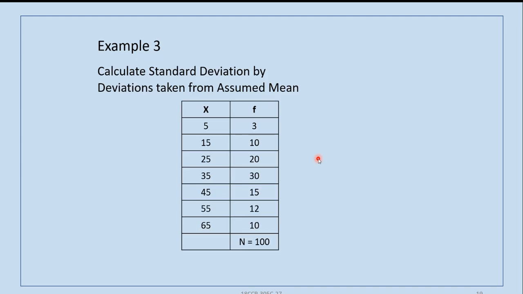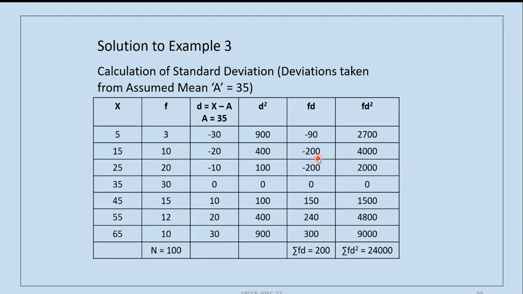Now we will see a problem. A problem is given. X is 5, 15, 25, 35, 45, 55, 65. And f values are 3, 10, 20, 30, 50, 15, 20, 10, and n is equal to 100. Now we will prepare a table, that is capital X. Next column is f.